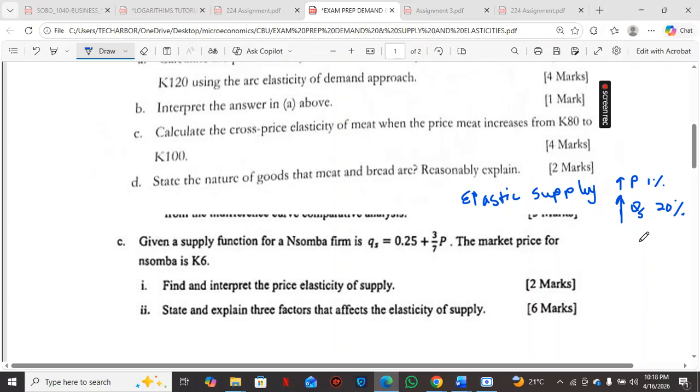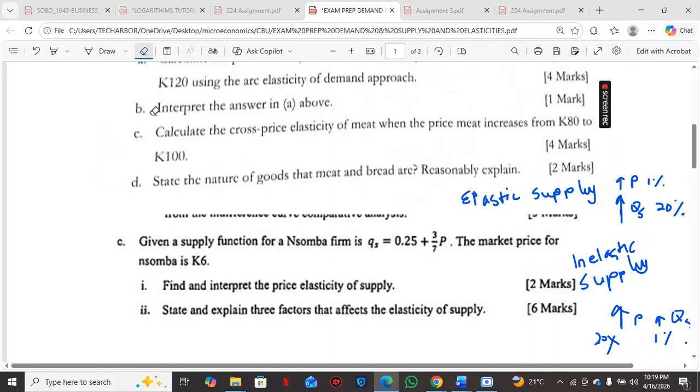Quantity supplied is sensitive to changes in price. Now, in inelastic supply, quantity supplied is not that sensitive. So price can increase by 20%, and you find quantity supplied only increases by 1%. Price increases by 20%, and quantity supplied will just increase by a small amount because it's not responsive, so maybe 1%. That should just give you an idea of what we mean.